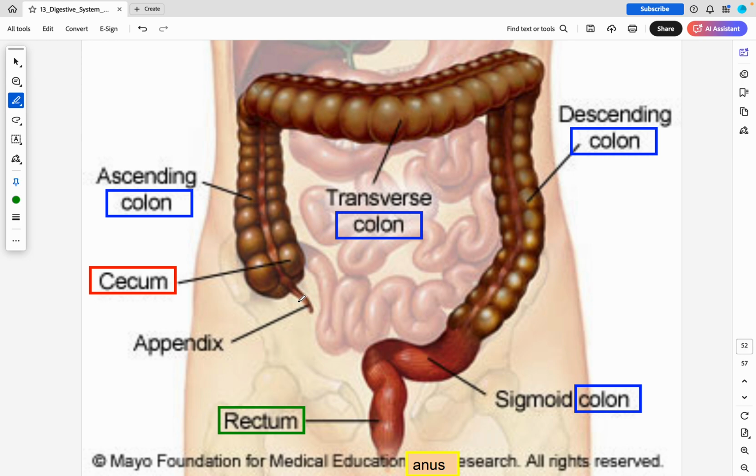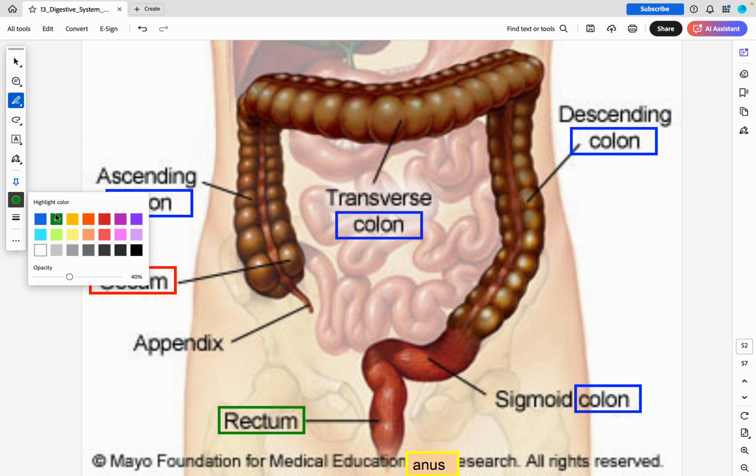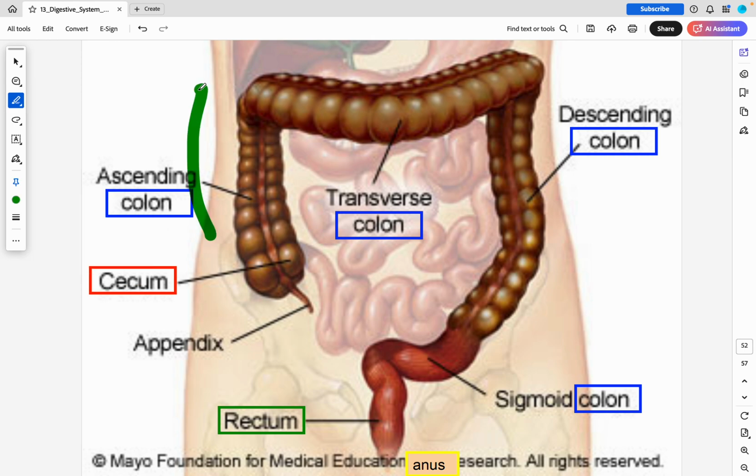Then we have the colon: the ascending colon, ascending because the direction is going upward, and then the transverse colon, the descending colon, and the sigmoid colon.